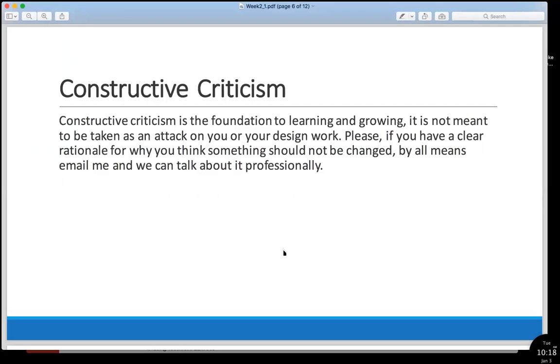But you also may occasionally have a client or something like that who just doesn't like what you do. They just have a different style than you do. And that can be frustrating, but just understand that it's nothing personal.